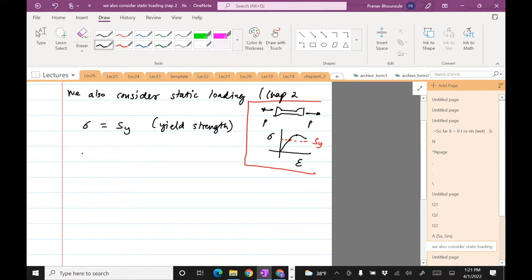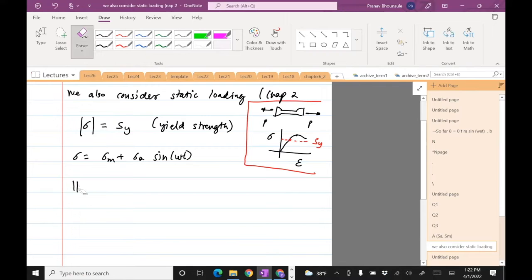Okay, so in this case, we are loading this with sigma equals sigma M plus sigma A sine omega t. When we say sigma A, it's really the magnitude.